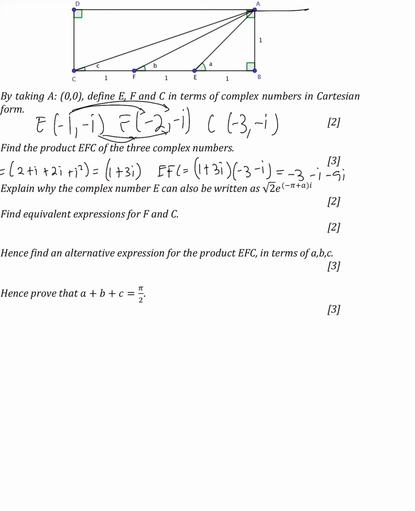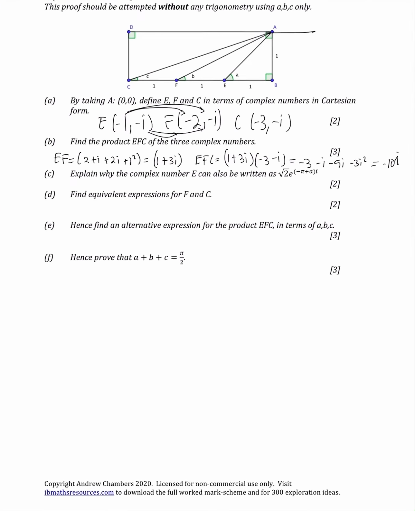And my 3i times minus i is minus 3i squared. Minus 3i squared is plus 3. Plus minus 3 is 0. These two terms cancel out, leaving me with minus 10i. Very well. That is the value of EFC.